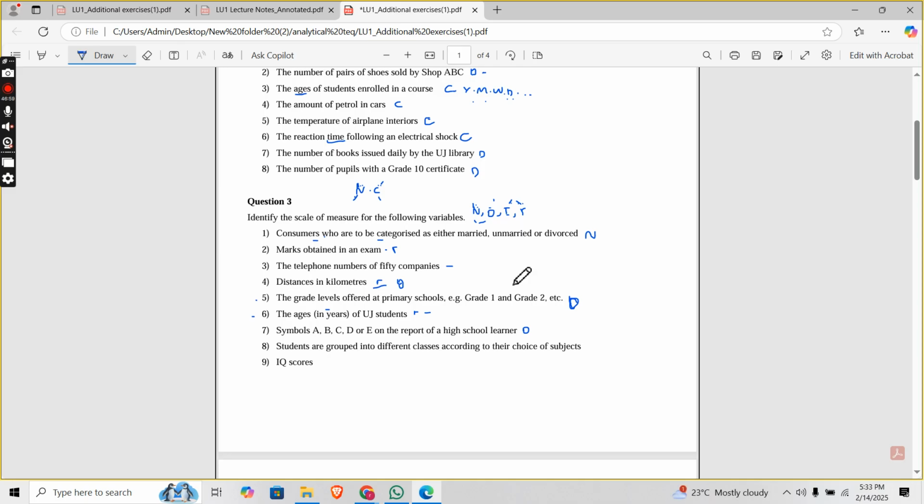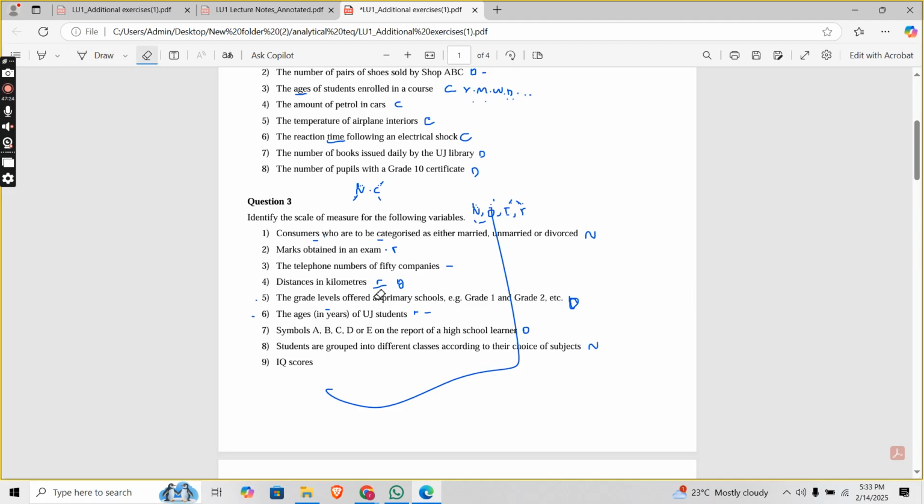We can all agree that this is categorical data. So we have to decide whether it's nominal or ordinal scale. We actually use the nominal scale, right? Why? It's because the order does not matter. We can put them in any order.